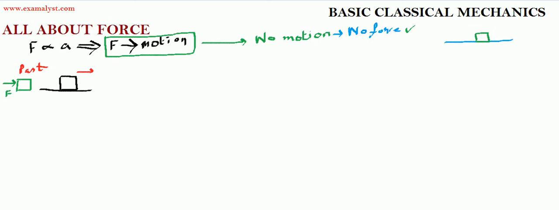Agreed? And another thing that can also cause no motion is that the total force is zero. So total force zero is also responsible for no motion. Let me explain. If you have a force along this direction on this block, let this force be 10 Newton.